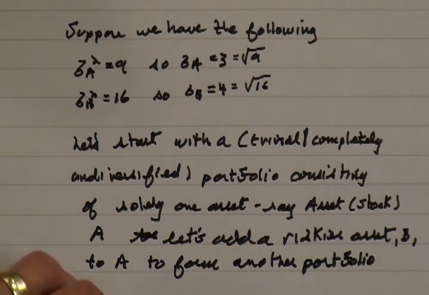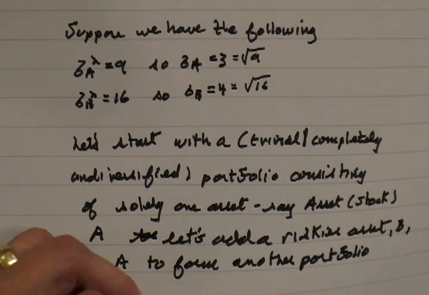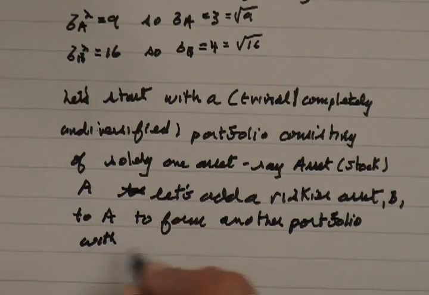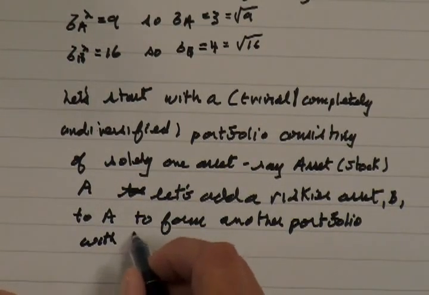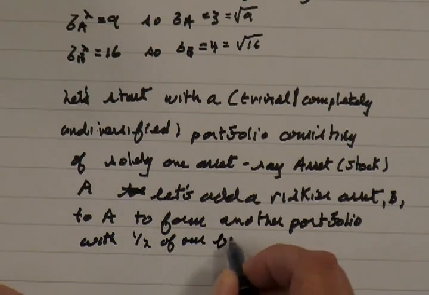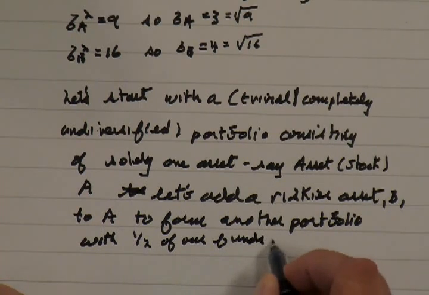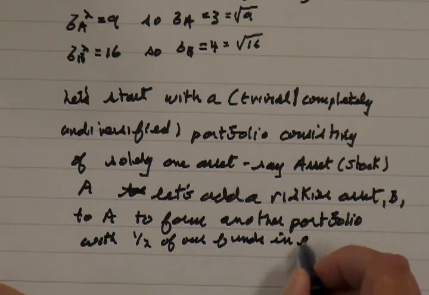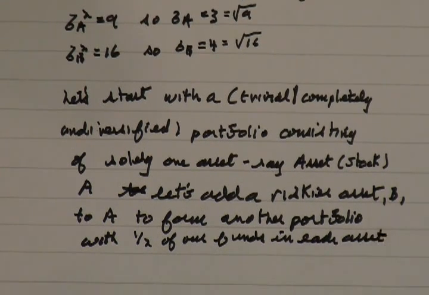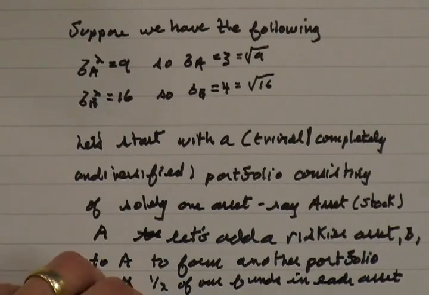And we say that B is a riskier asset here, with 1/2 of our funds in each asset. So now we split our portfolio half and half between A and B. Okay, let's see what we have now.